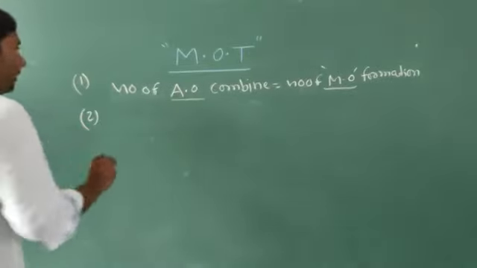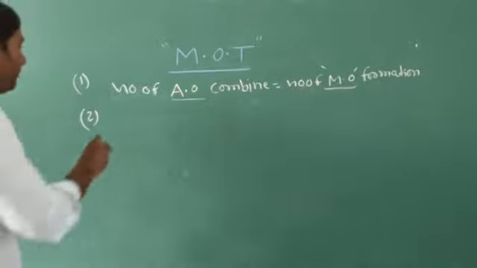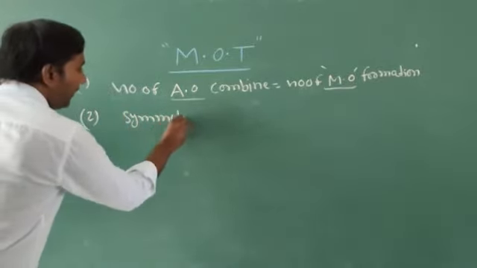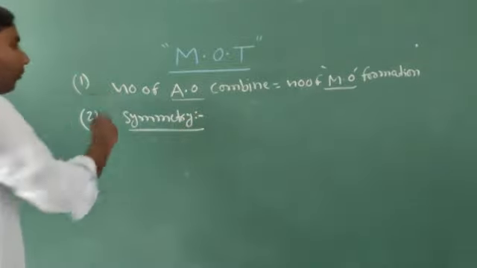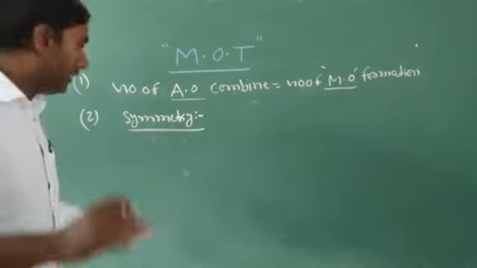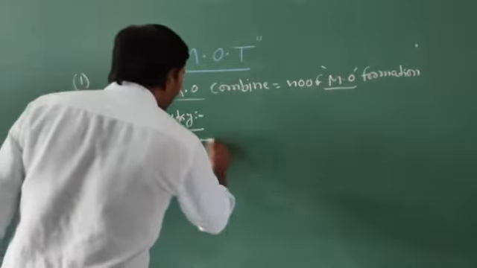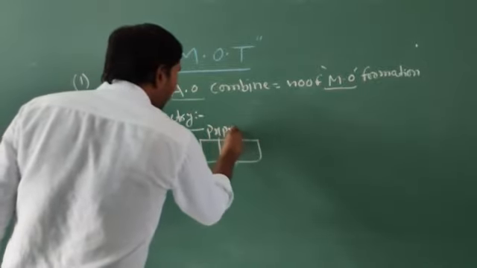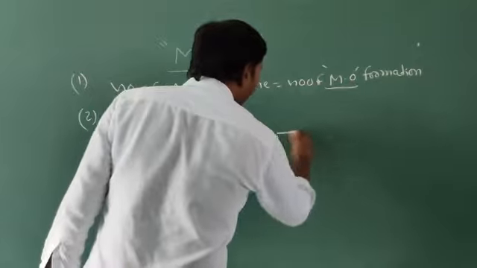Second, it should follow symmetry. What is symmetry? For example, the P subshell has 3 orbitals: Px, Py, Pz.